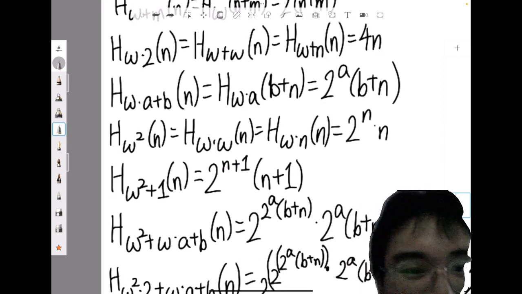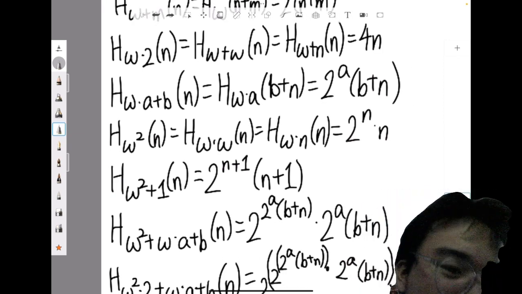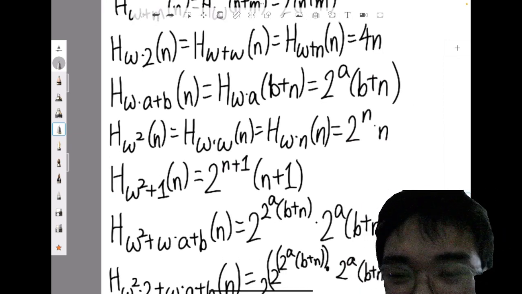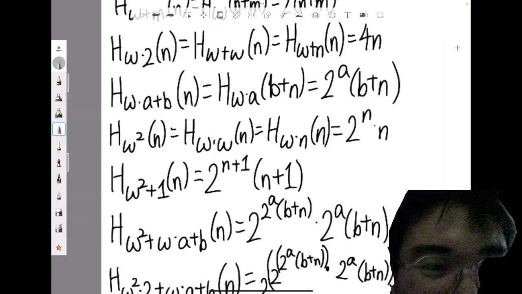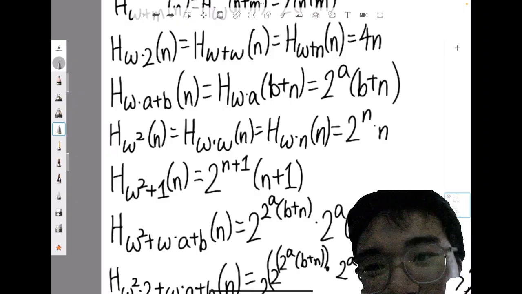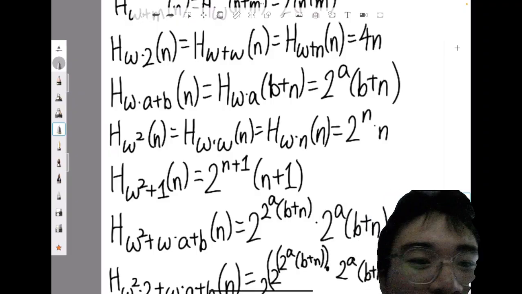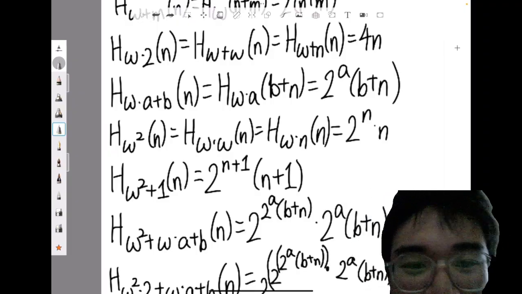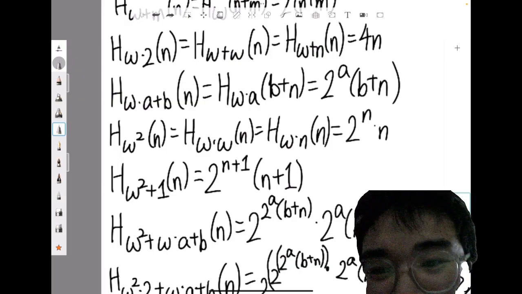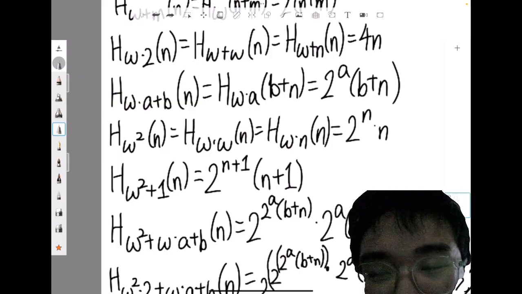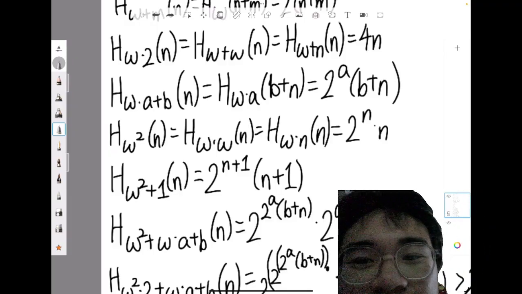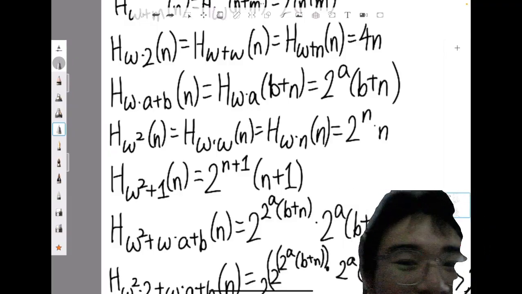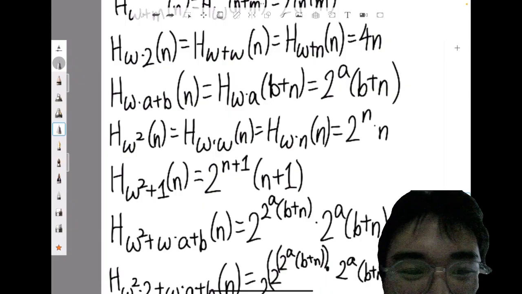Now what gets interesting is when you put omega times a here, you can see that each time I add omega, it will just be multiplied by 2. So h sub omega times a plus b of n will just be 2 to the power a times the quantity b plus n. Still not growing really fast, just pretty normal exponential functions.